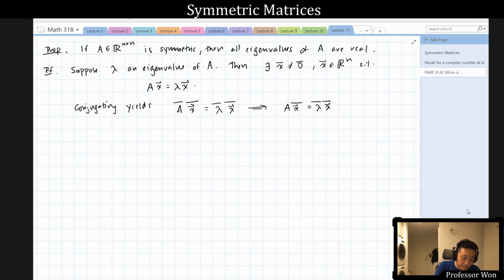Now what we're going to do is take the transpose of this. Now I'm going to use that it's symmetric. So what is the transpose? To take the transpose of a product, you can take the product of the transposes in the opposite order.